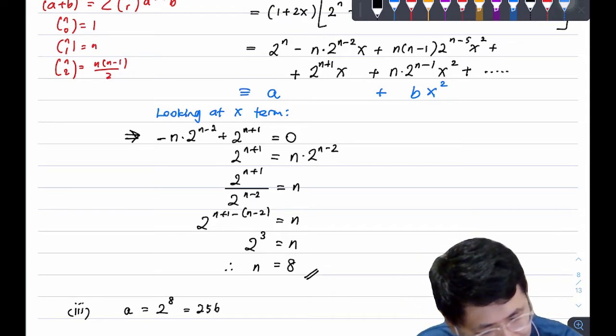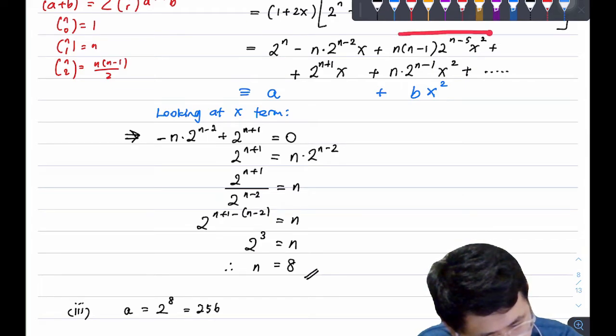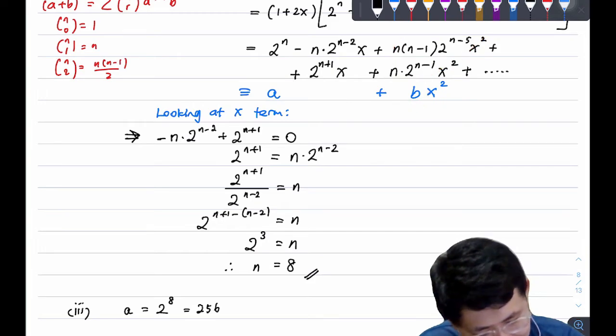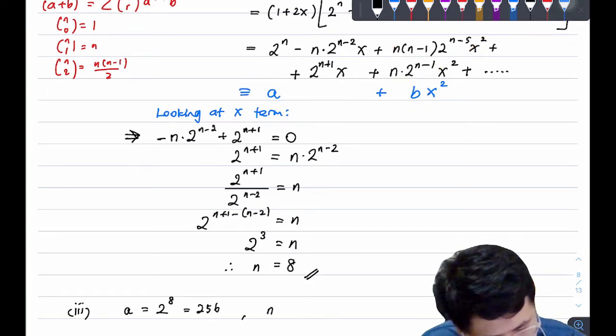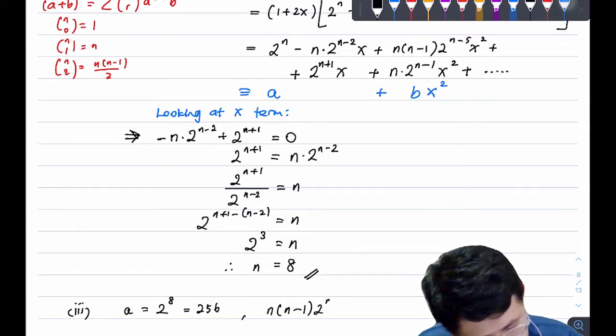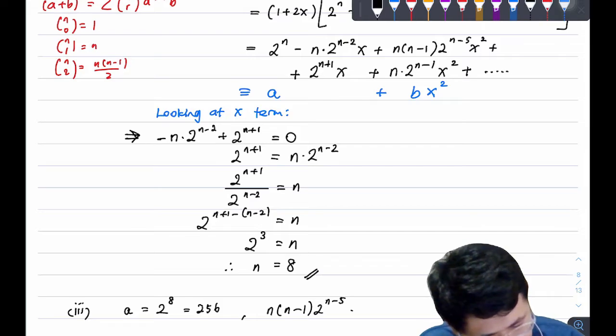And last but not least, this annoying thing is going to be equals to b. So this annoying thing would be n minus 1, 2 power n minus 5 plus n times 2 to the power n minus 1 is going to be equals to b.